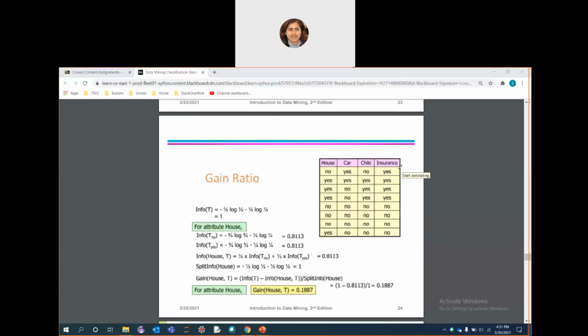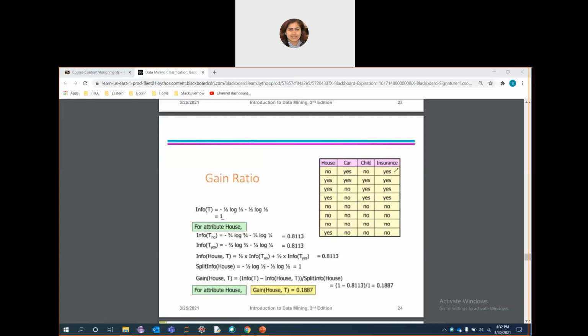Again, we are taking the same example. So 50% yes, 50% no. We got info T as 1. For the given attribute house, how many of them are yes and how many of them are no's, and how many of them are associated with yes of insurance and no of insurance.